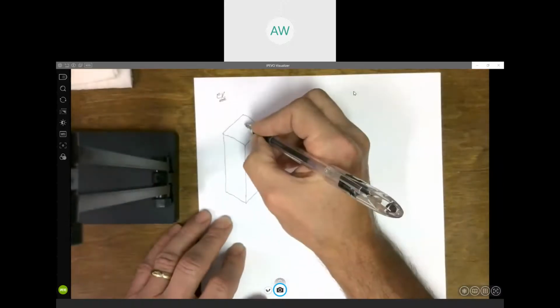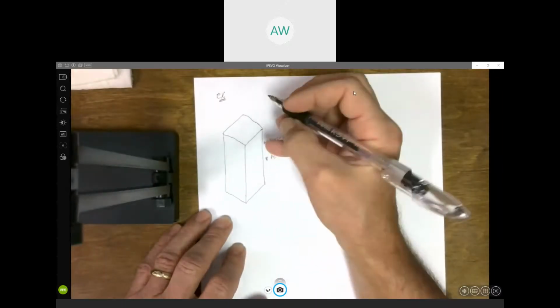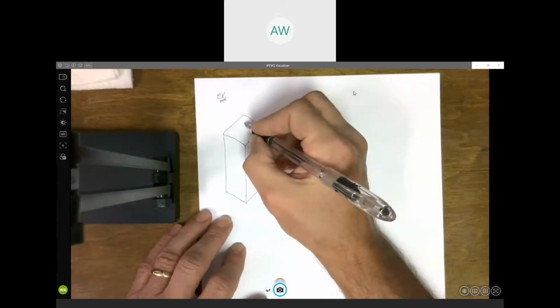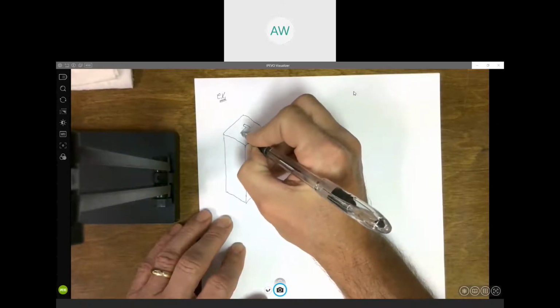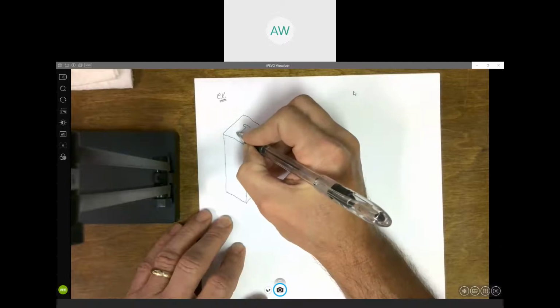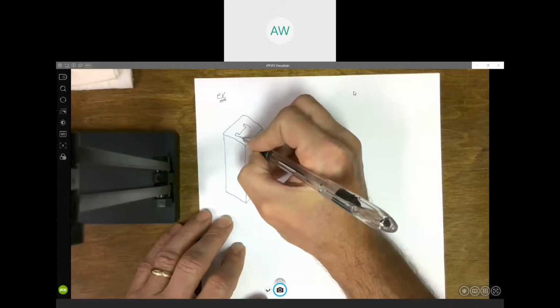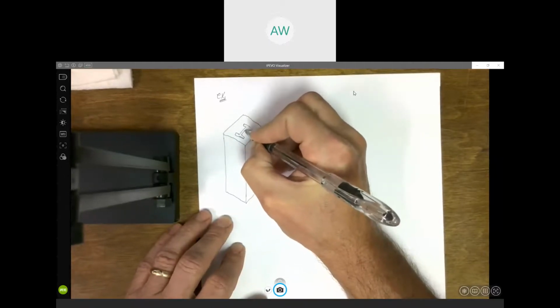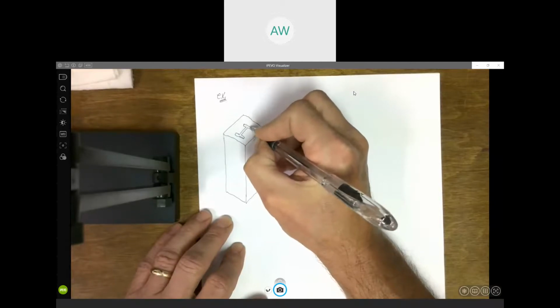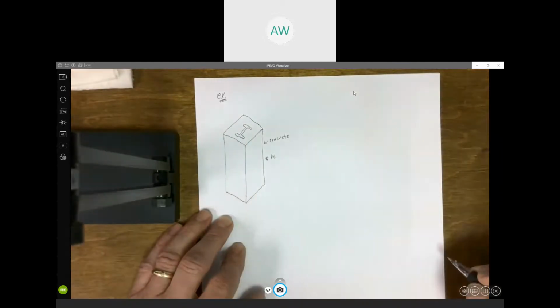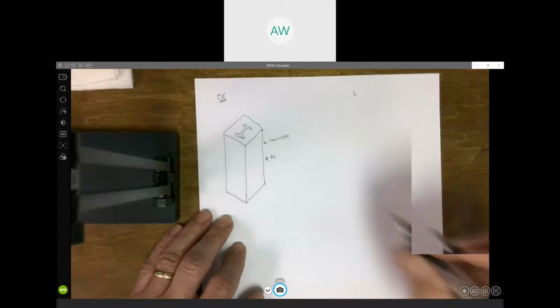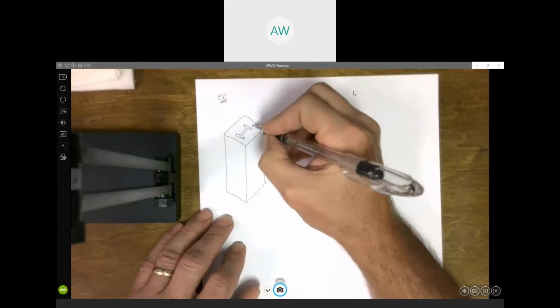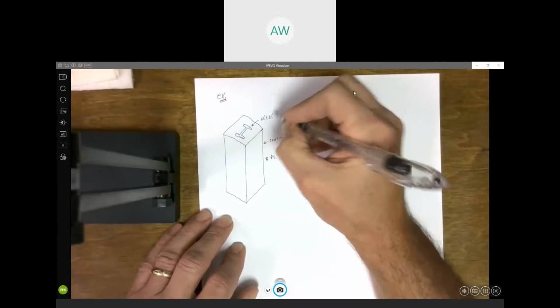And we've run a steel I-beam right down the middle of this. It's supposed to be right in the middle, but again, this would be a steel I-beam.